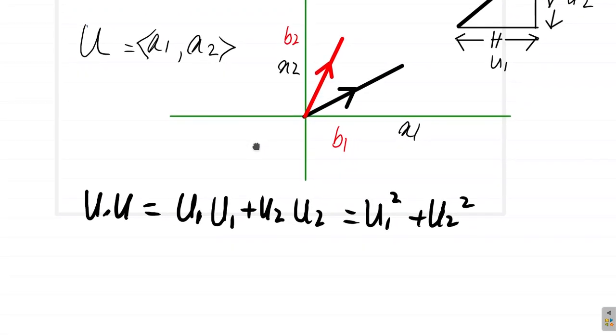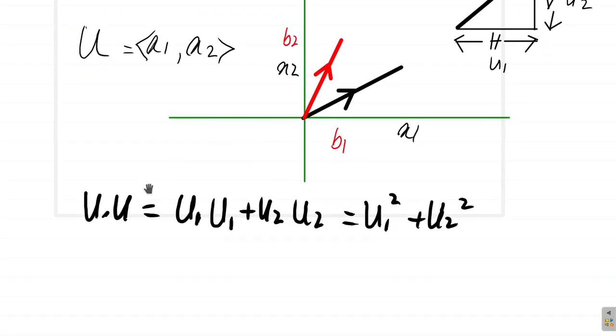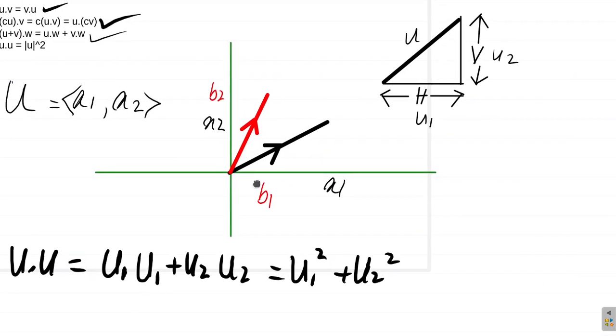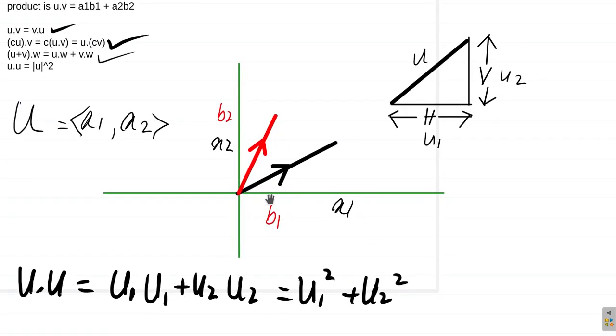Now, if you have this, it looks as if what you have is some sort of right angle triangle. And this is u1 and this is u2.